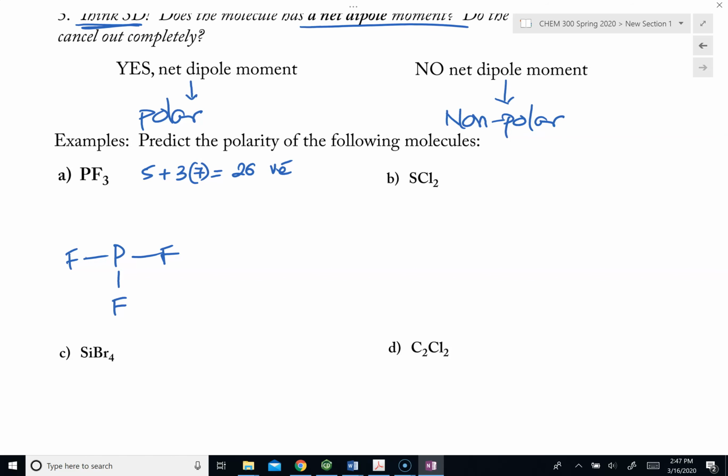So far, as we form this skeletal structure, we are using up 6 out of our 26 total valence electrons. So that gives us 20 electrons remaining. With the remaining 20 electrons, we will give 6 to each of the fluorine to complete the octet for the fluorine.